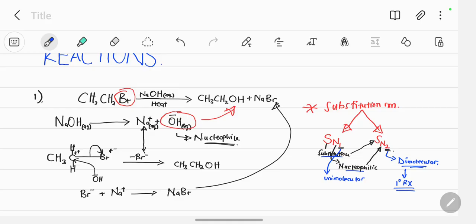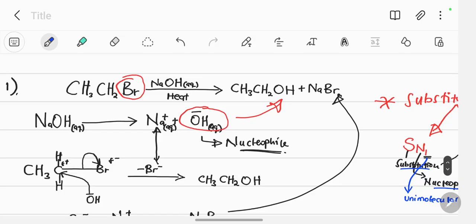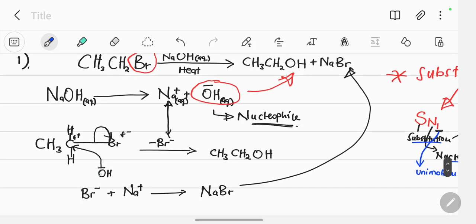So we shall cover this in physical chemistry. So when you look at this reaction, you find out that we are having the OH and the bromine existing in the rate determining step. We are having addition of the OH, and at the same time we are having removal.